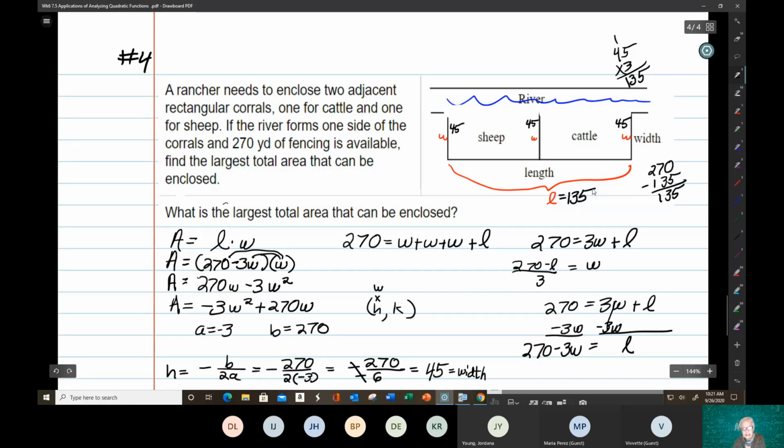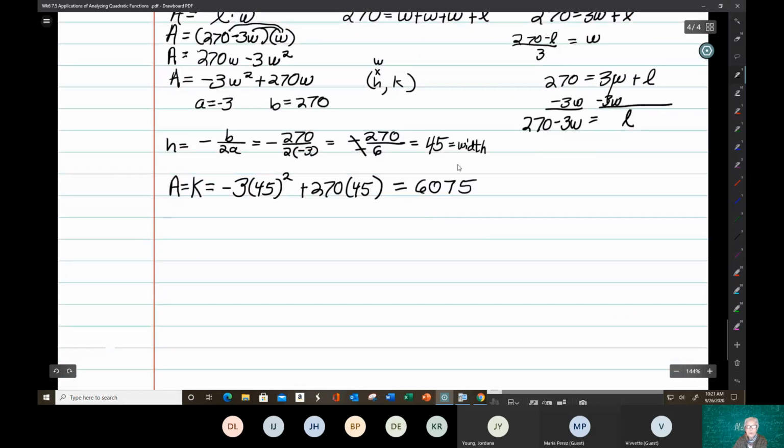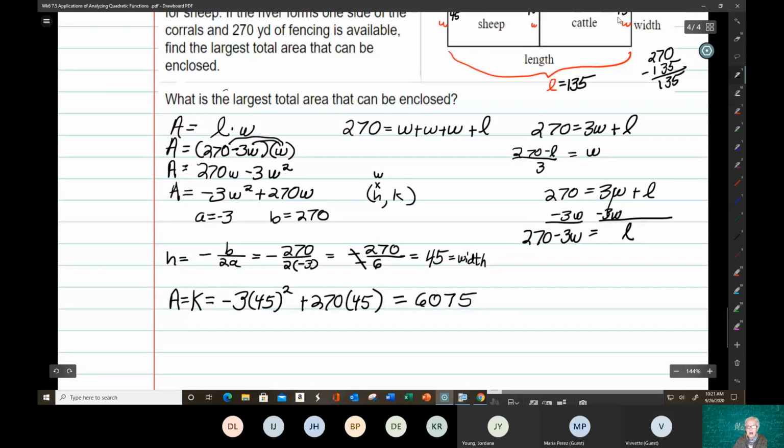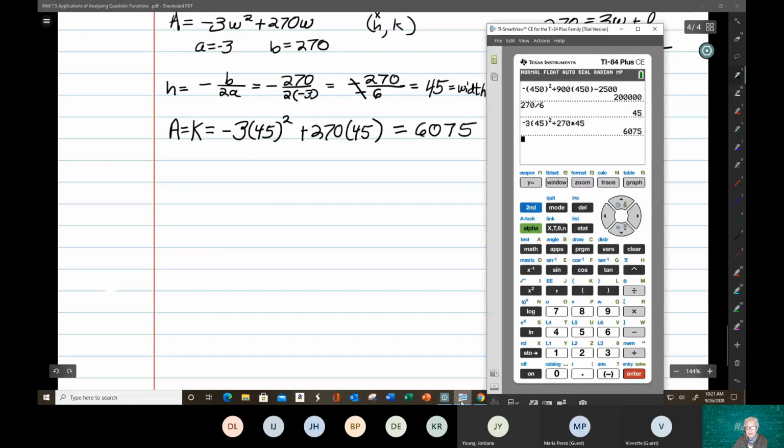Now what that means is instead of finding that as the area, we could have found the length and then multiplied 135 times 45 and gotten the same answer. 135 times 45, and that also is 6075.